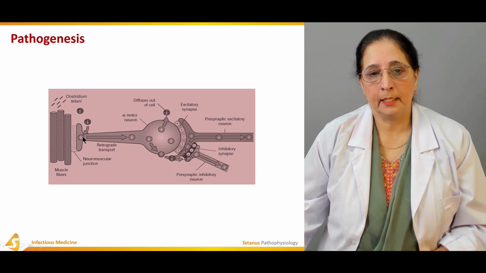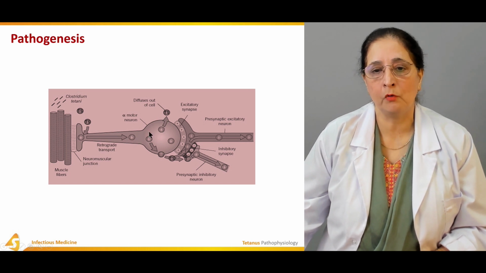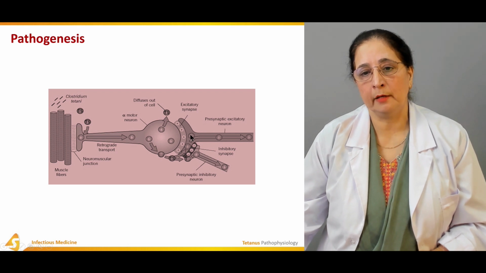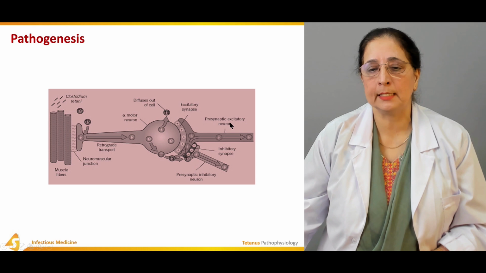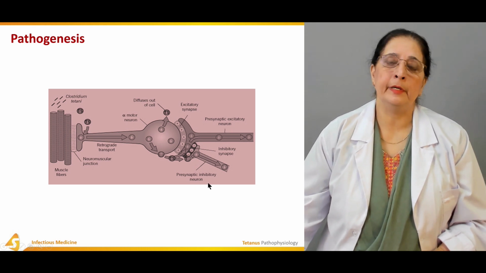Here, this is the toxin that goes by retrograde transport. It attacks the motor neuron and diffuses out of the cell, goes to the area which is the excitatory synapse, and then goes to the inhibitory synapse, presynaptic excitatory neuron, and inhibitory neuron.